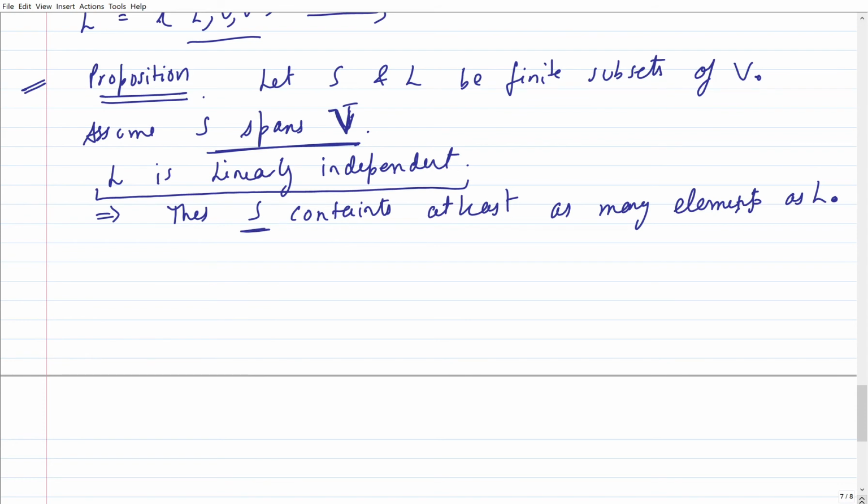So once again, we are going to use the fact that if I have m equations in n unknowns where n is greater than m, then this system has a non-trivial solution.